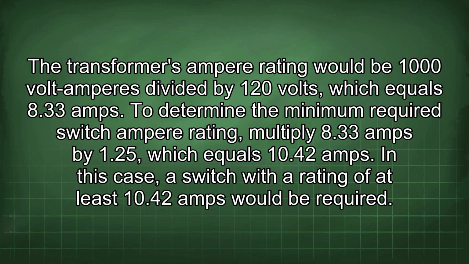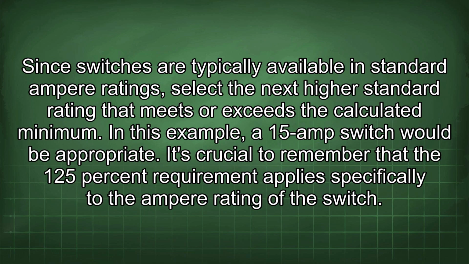To determine the minimum required switch ampere rating, multiply 8.33 amps by 1.25, which equals 10.42 amps. In this case, a switch with a rating of at least 10.42 amps would be required. Since switches are typically available in standard ampere ratings, select the next highest standard rating that meets or exceeds the calculated minimum. In this example, a 15 amp switch would be appropriate.